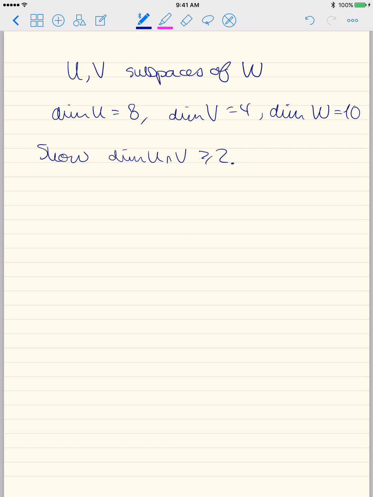And they intersect only at the 0 vector. But if you have 8 instead of 6, then there are two extra directions that you can't squeeze in somehow. So you end up with this excess of 2. So that's what's going to happen.